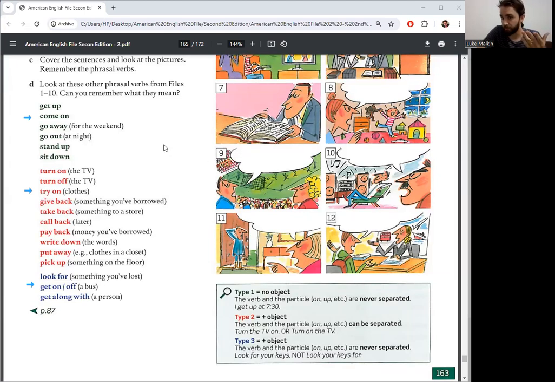Let's check the list because it's important vocabulary. You get up in the morning. Come on, to do it quicker than you were doing before. Go away for the weekend is a mini vacation. Go out at night, to leave your house to go to a special event. Party, time with friends, go out.